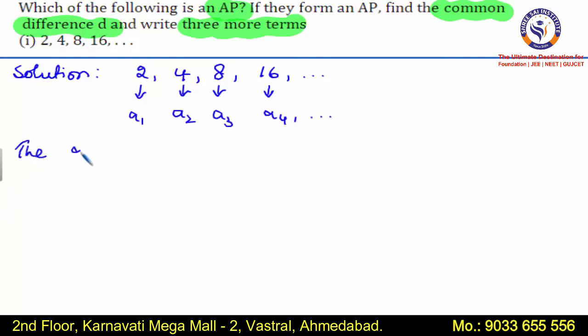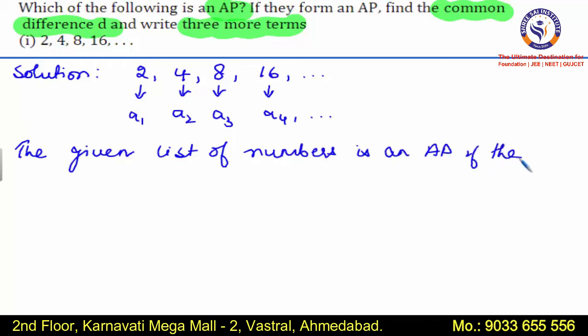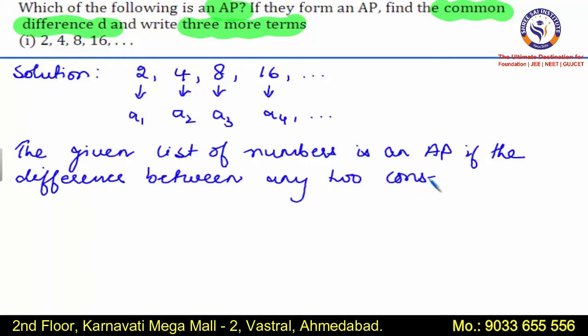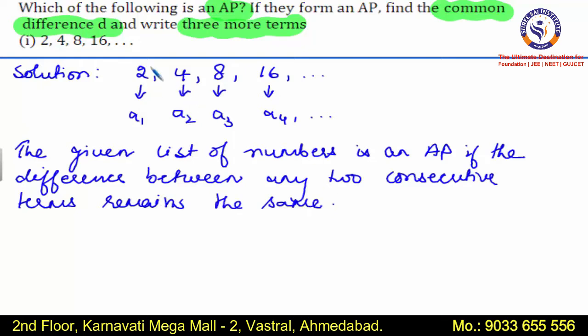The given list of numbers is an AP if the difference between any 2 consecutive terms remains the same. That is, if we subtract any term from its succeeding term, if the difference remains the same in all the cases, then it forms an AP.